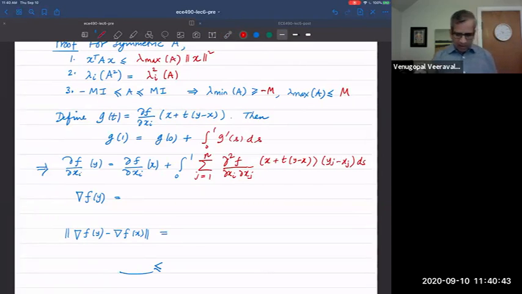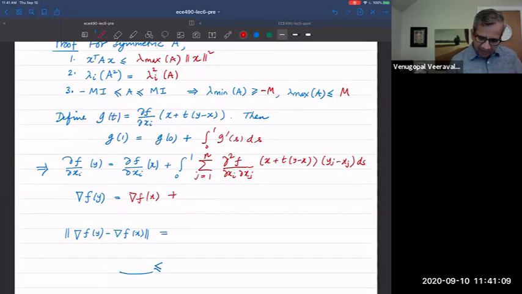Okay. So now I'm going to take all the components that I've computed here, with all the partials with respect to the xi's at y, and put them into a vector. That will give me the gradient of f at y. And on the right-hand side, I do the same thing. If I did that, I get the gradient of f at x.